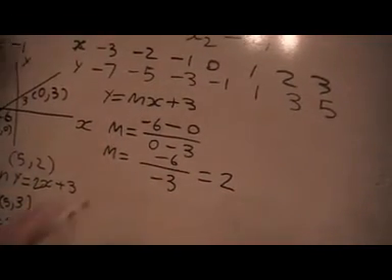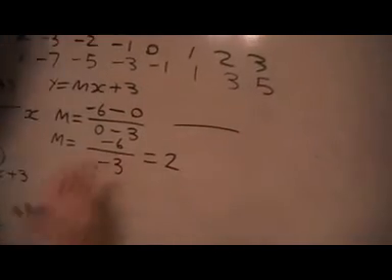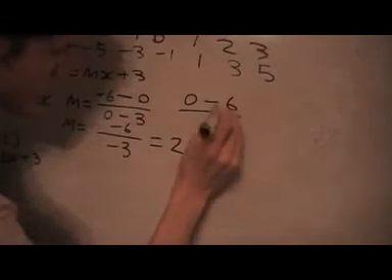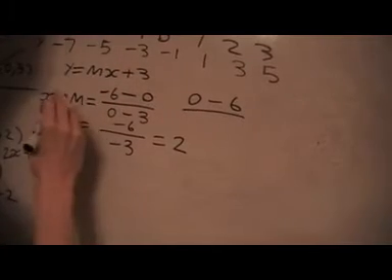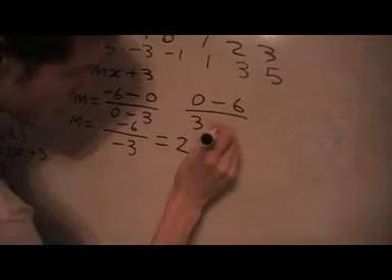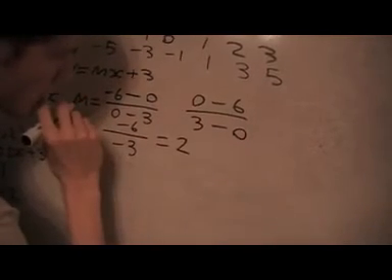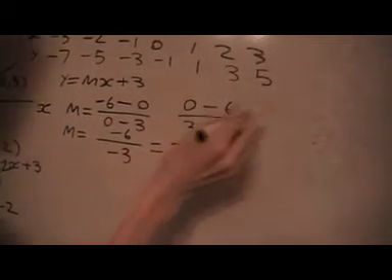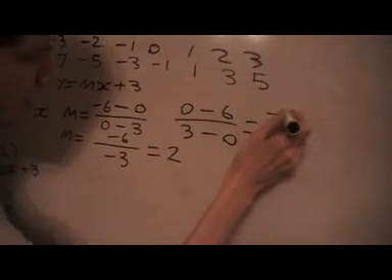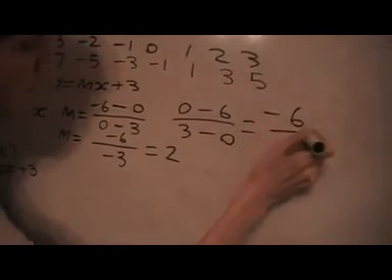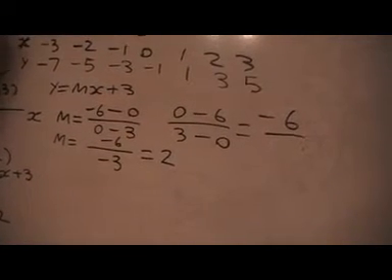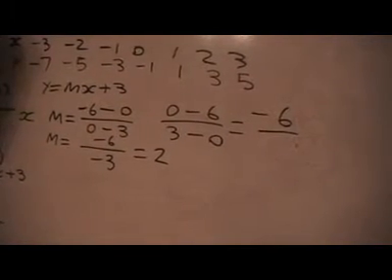And just to show you it would work just as well the other way, I'll reverse these round. I've got a 0 here, minus 6, I've got a 3 minus 0, and I get minus 6 over... So I'm taking away a minus 6, that's a plus 6.